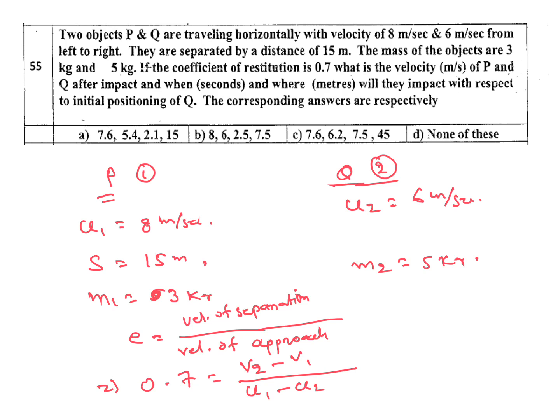So from here, U1 and U2 given, 0.7 into (8 minus 6) equals V2 minus V1. So we'll get V2 minus V1 is 2 into 0.7, it's 1.4. So V2 minus V1 is 1.4.